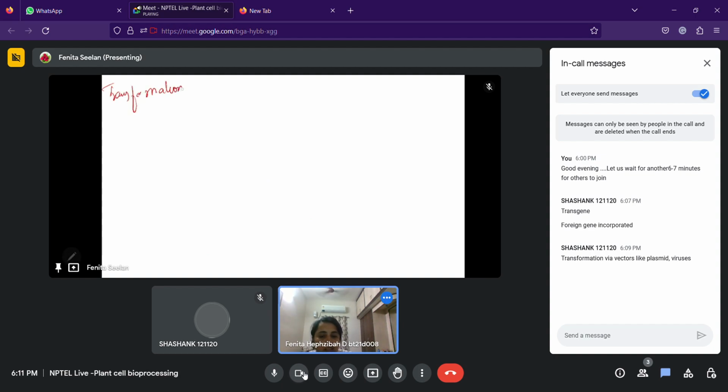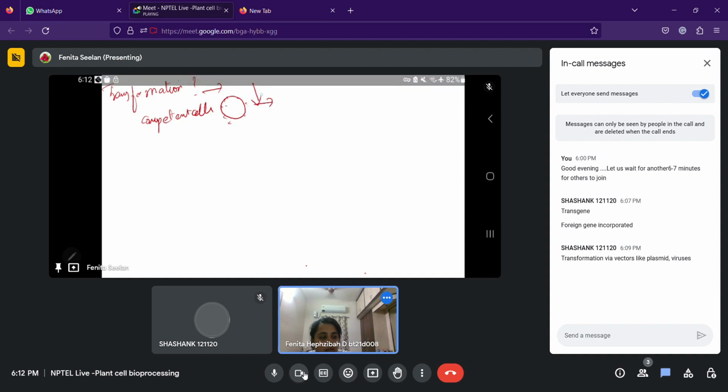People generally prepare a competent cell where they make pores in the cell surface, and then apply multiple heat and cold cycles.